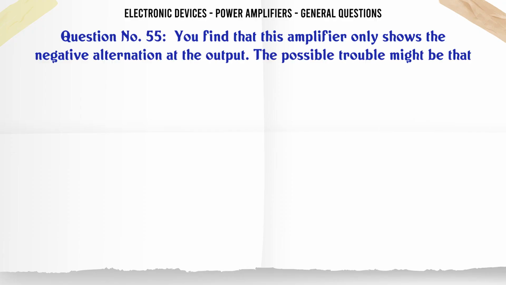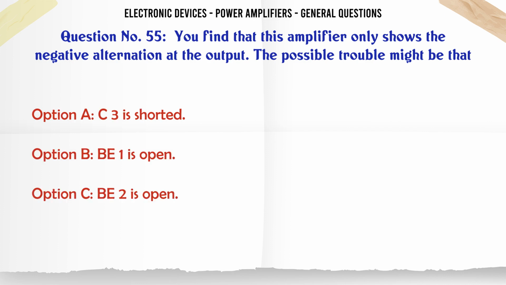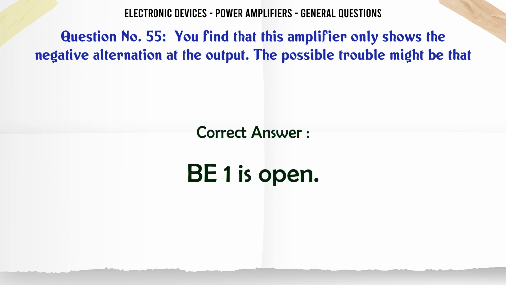You find that this amplifier only shows the negative alternation at the output. The possible trouble might be that: A. C3 is shorted, B. B1 is open, C. B2 is open, D. R1 is open. The correct answer is B1 is open.